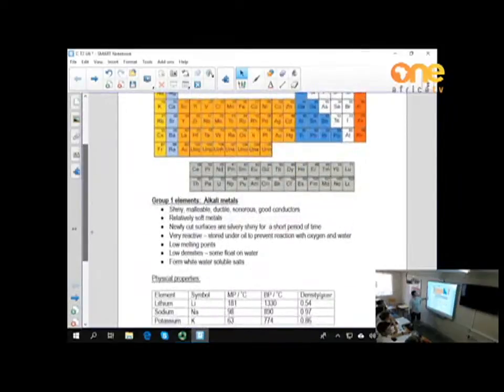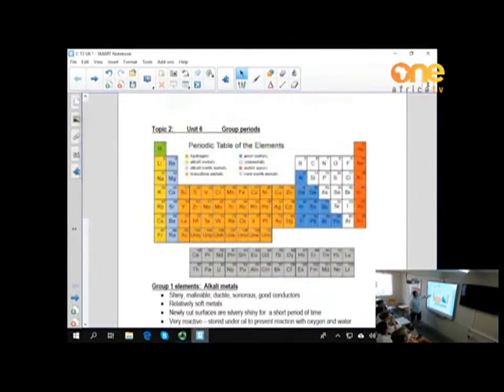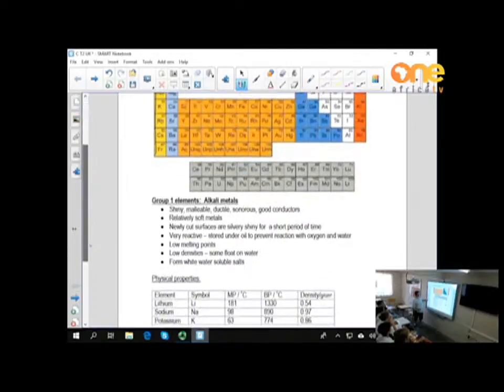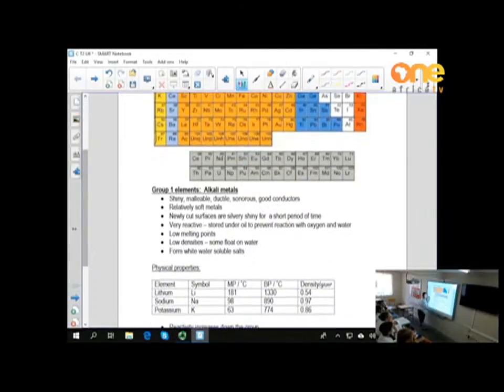If we look at group 1 elements, except for hydrogen, all of the others are metals. Group 1 are commonly known as the alkali metals.